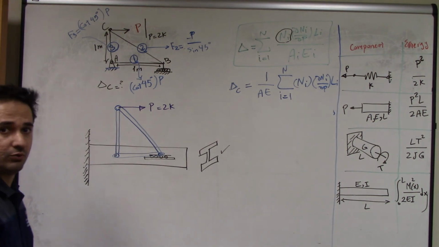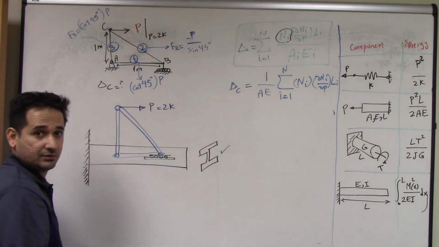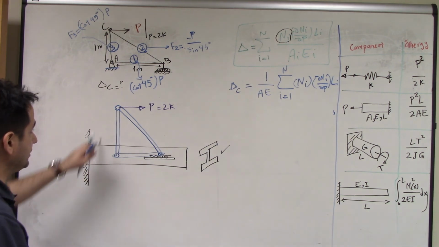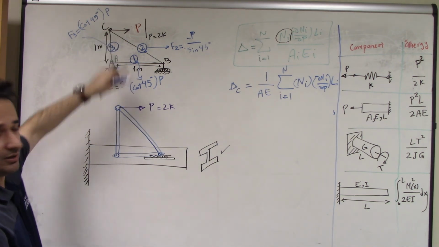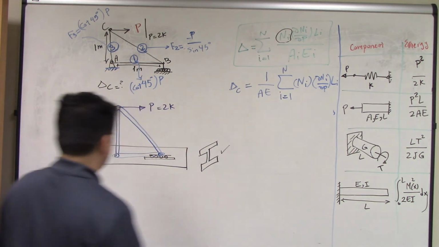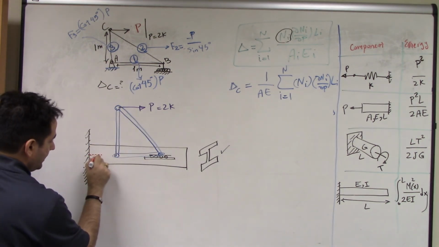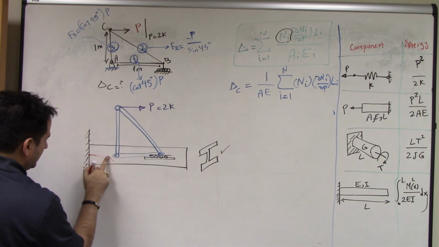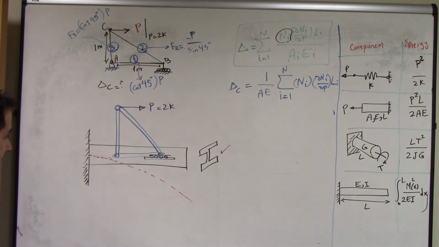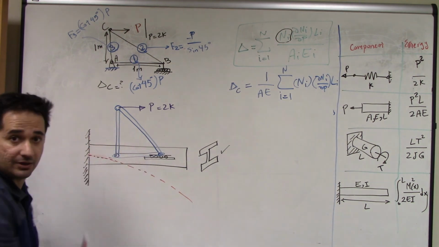Then the question is, what's the deflection of this point? Well, the deflection of this point is not the same as before. Why? Because when you apply P here, then this beam, you see the neutral axis or elastic curve is going to go down like that, and then this entire assembly is going to go down.